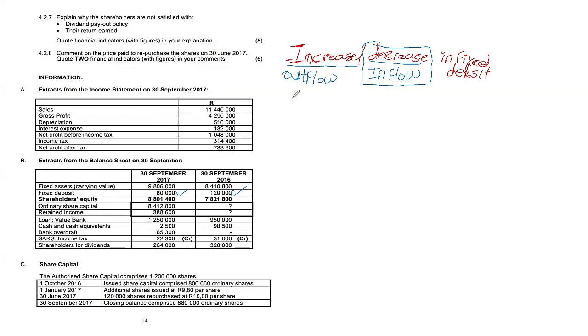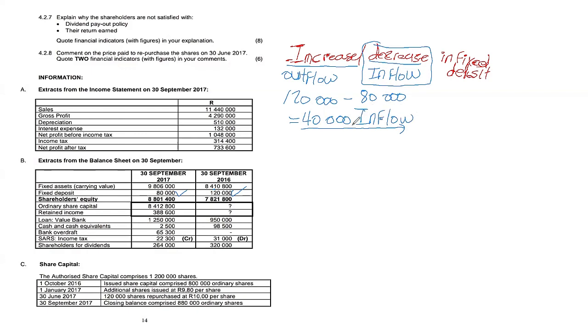Remember, we are calculating the change effect for fixed deposit. So it's going to be 120,000, and then you minus 80,000. So the change of our fixed deposit is going to be 40,000, right? Remember to indicate that 40,000 is an inflow, because your fixed deposit decreased.